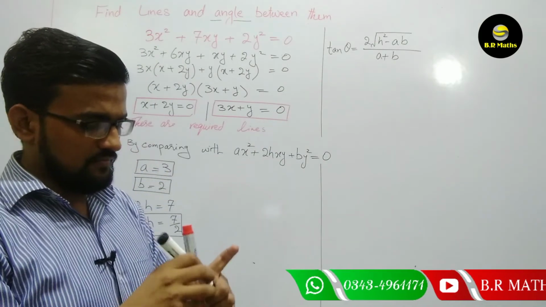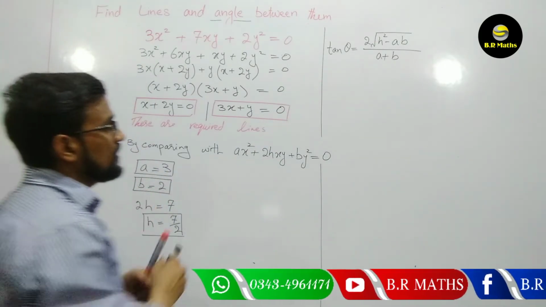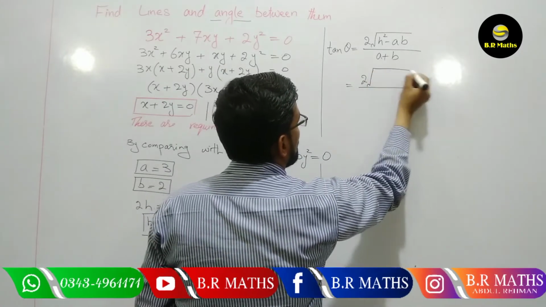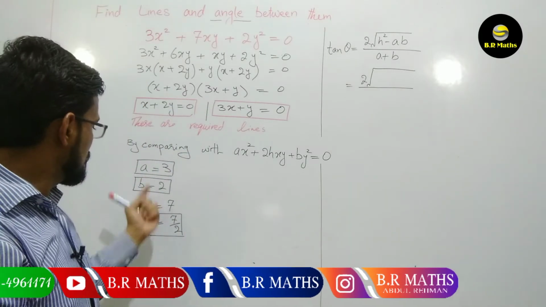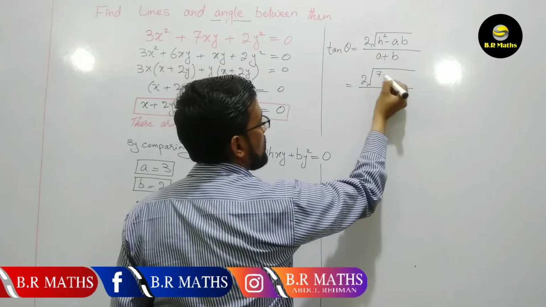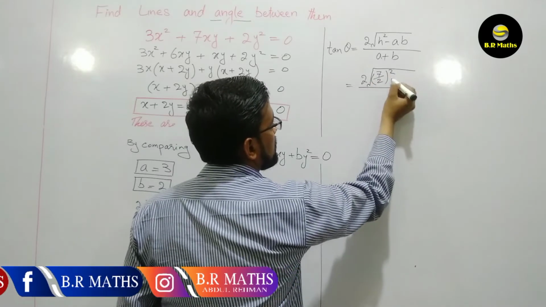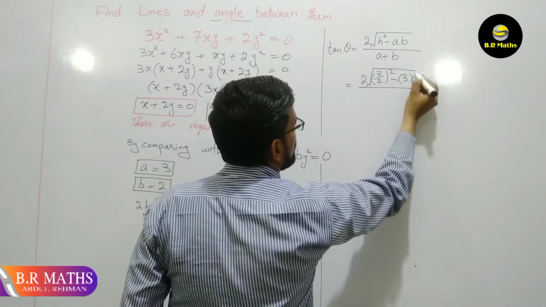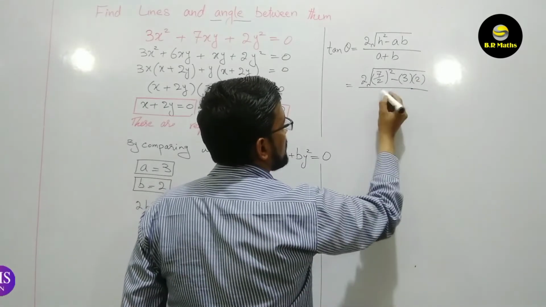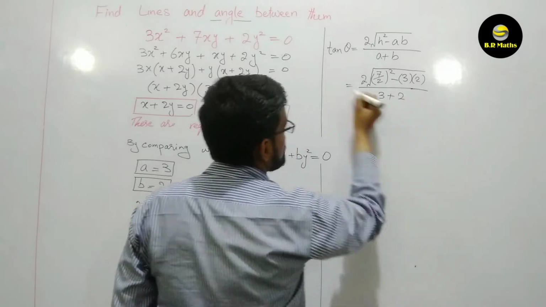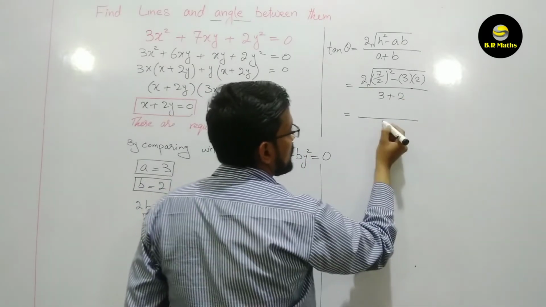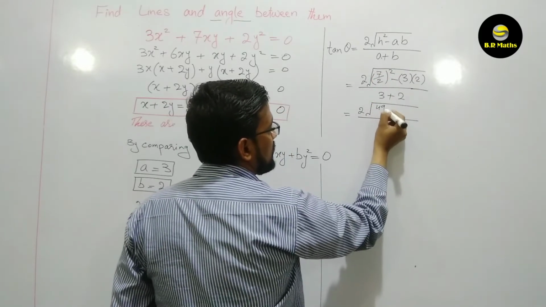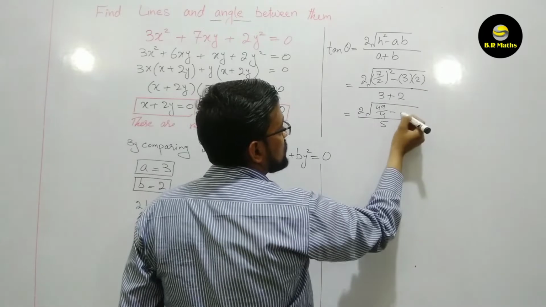Put the values. a is equal to 3, h is 7 by 2, b is equal to 2, a plus b is 3 plus 2, which is 5. So 2 square root of 49 over 4 minus 3 twos are 6.